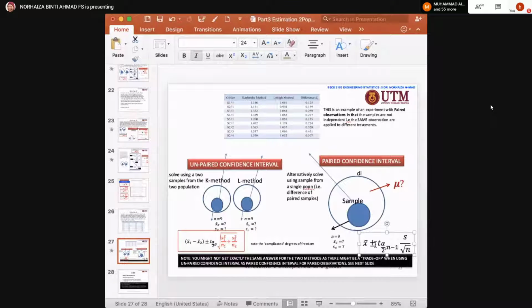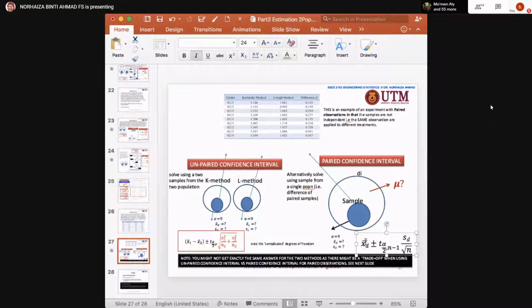Where this is going to be your s_d, and this is going to be your x bar d. So this is the formula that you will be using.